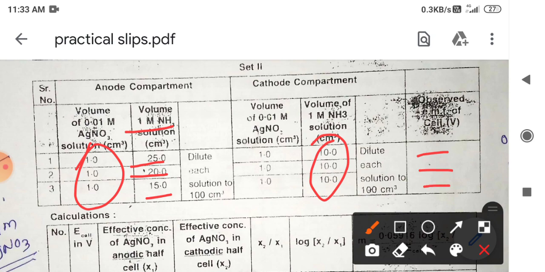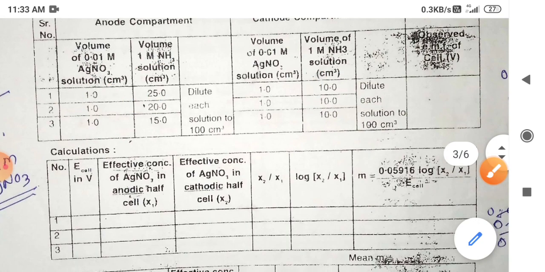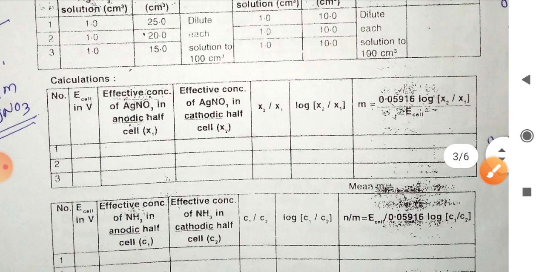So from here also we will get some EMF values.